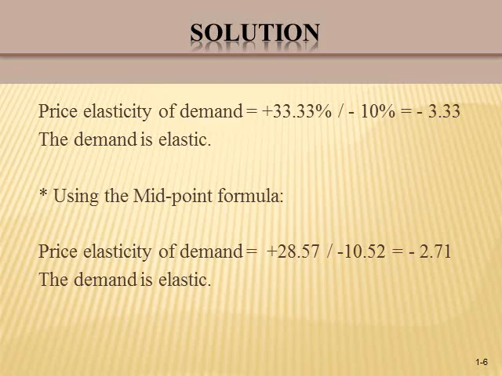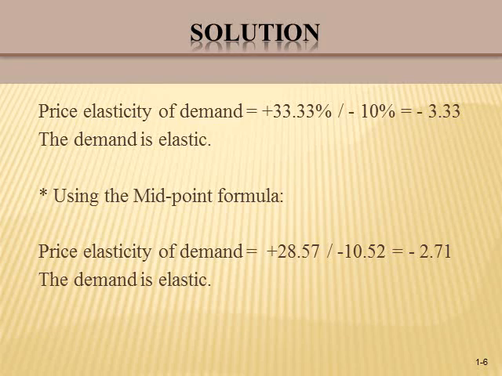The percentage change in price is P2 minus P1, that means 90 minus 100 over P1, 100, times 100, which is equal to minus 10%. Then we obtain plus 33.33 over minus 10, and we have minus 3.33.